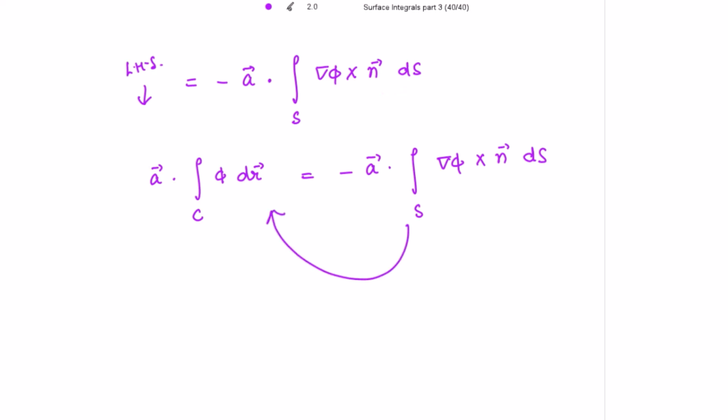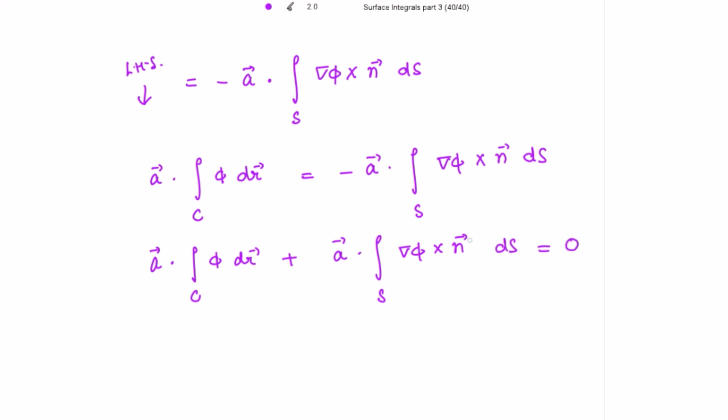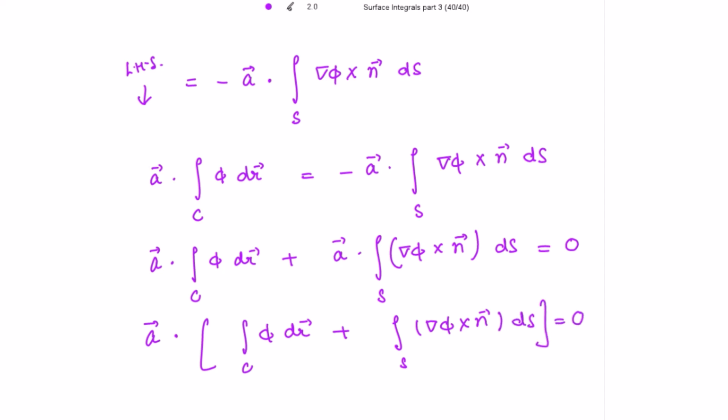Taking this to the left hand side, we get the sum of these two terms equal to 0. Right? And now taking this A vector common from these terms, so A vector dot product with the sum of these two integrals equal to 0.